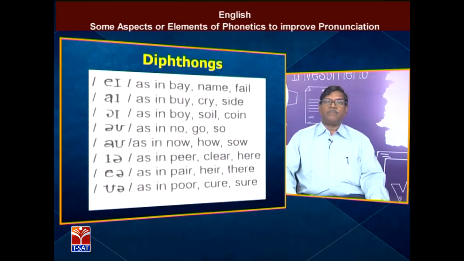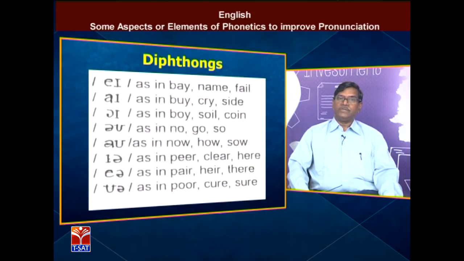Next comes the sound in no, go. We used to utter it as a pure o, but it is not; the sound starts weak and ends with u: go, no. Then the ow sound starts strong and ends with u, as in now, how, so.